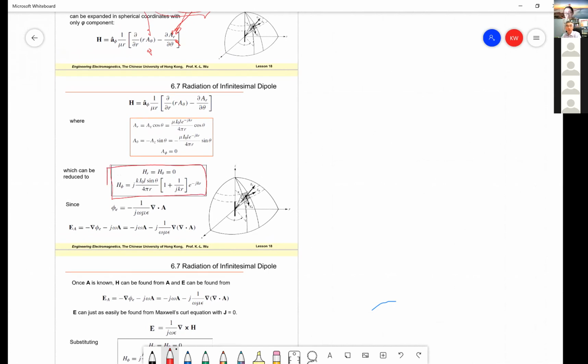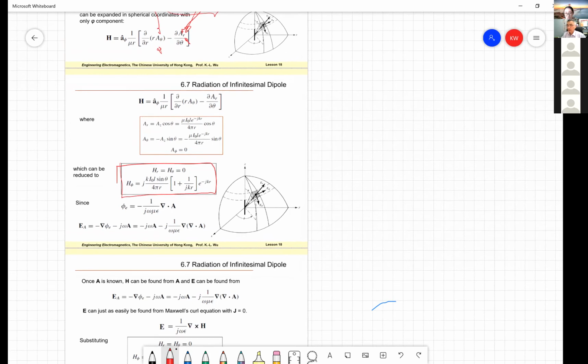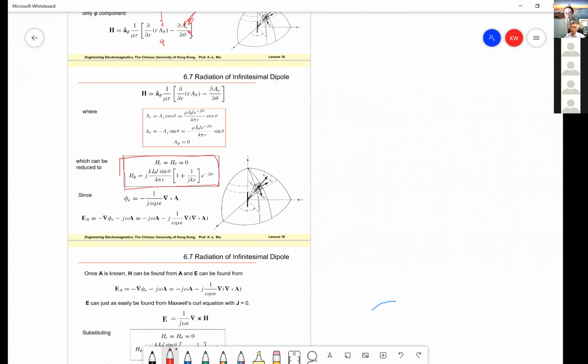I don't need to spend time on deriving the directivity, since this is too rudimentary, so I leave it to you.